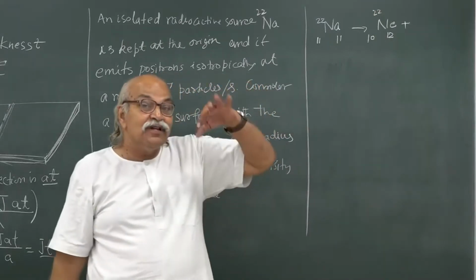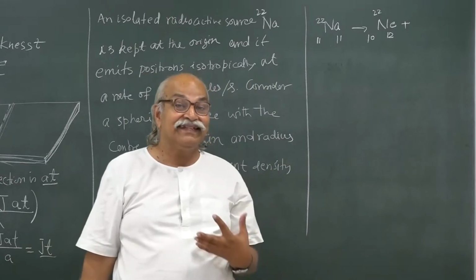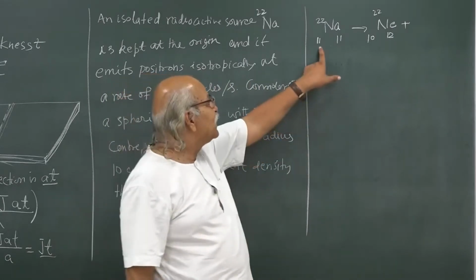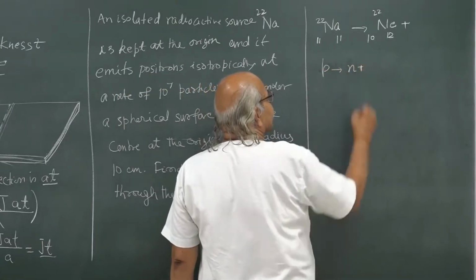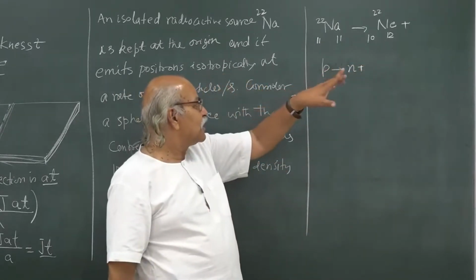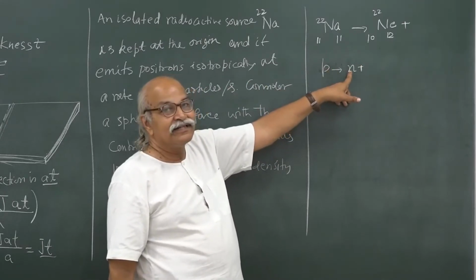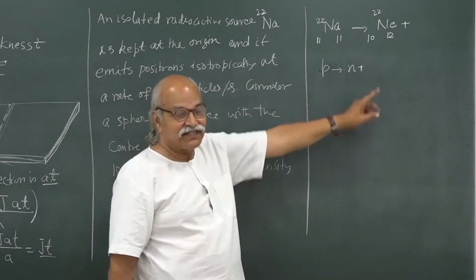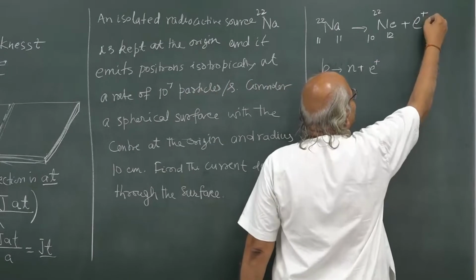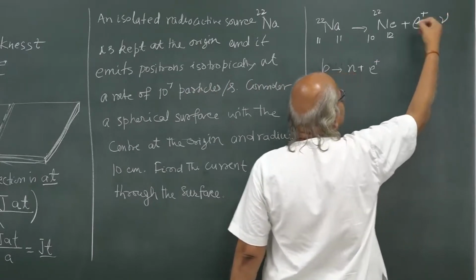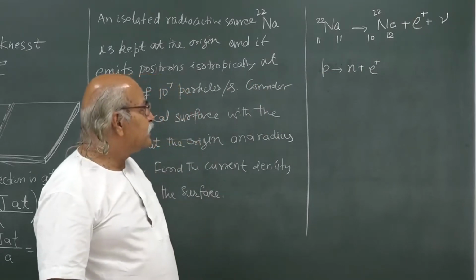So sodium will convert to neon. That is called beta plus decay, because a proton has converted into a neutron, and therefore, for charge conservation, you have positive charge on one side and neutral on the other, so a positron is emitted, and of course some neutrino, but that is another thing. So this is the condition.